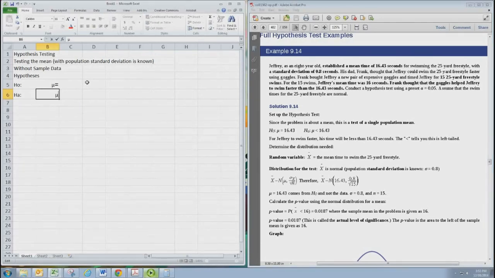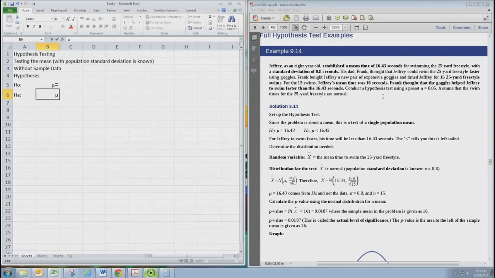Now, to determine the inequalities, we need to find the claim in the problem and then translate that to a hypothesis. You had some experience with that in the previous unit, and here we can actually see that there's a claim by Frank that the goggles help Jeffrey swim faster than the 16.43 seconds.